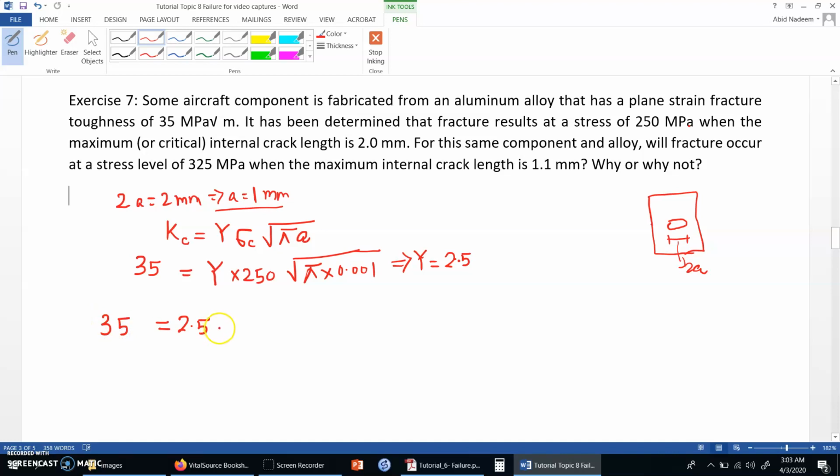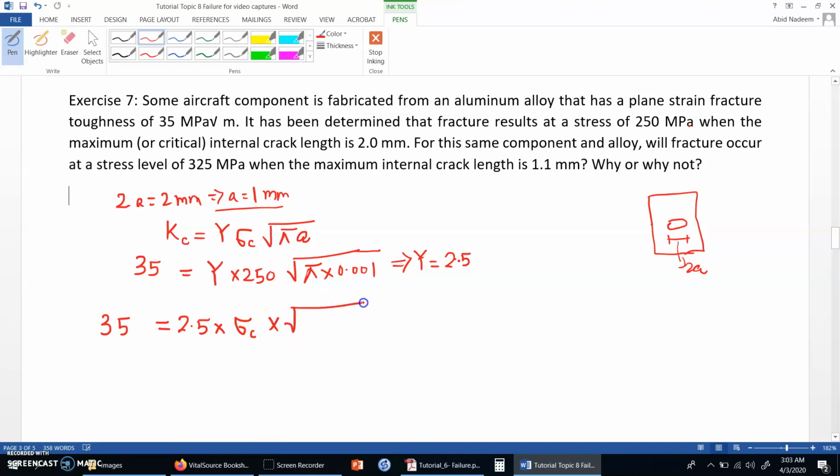Although it has been asked whether the fracture will occur at this stress or not, we assume that we need to find the critical stress value, what will be the stress value when the fracture will occur.